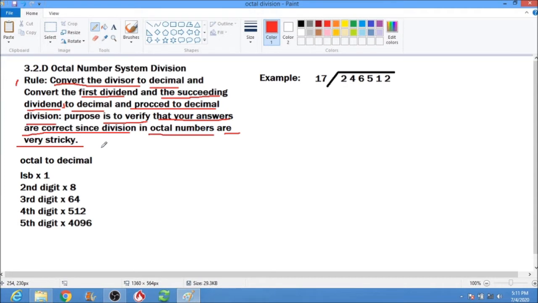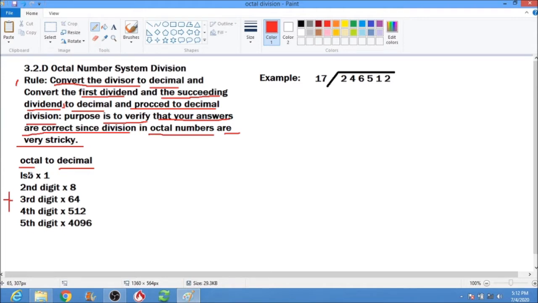Like I said, we have to convert them to decimal numbers. Another technique to convert octal to decimal is to take the sum of all the digits.